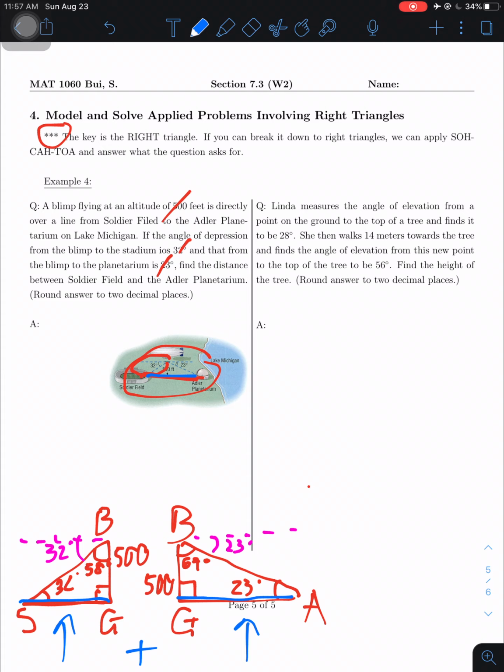Okay, let me erase this because it looks annoying. And now let's talk about the procedure of how to do this one. We know all 6 trig functions, right? How can we do it?